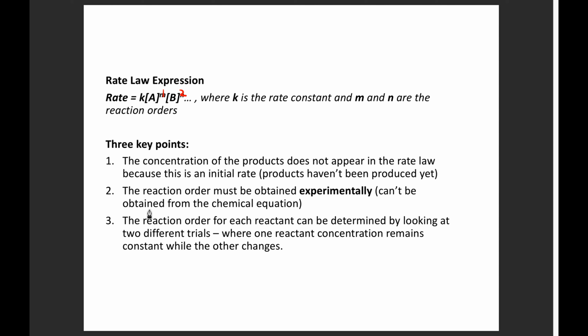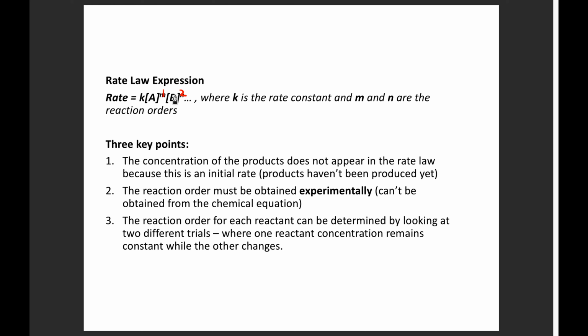And number 2, the reaction order must be obtained experimentally. So you can't just look at a chemical reaction, unfortunately, and know what the reaction order is. It doesn't necessarily work that way. We have to get in the lab, do some experiments, and figure it out. And essentially what we're doing is we're just going to change the concentration of one reactant, A, for example.